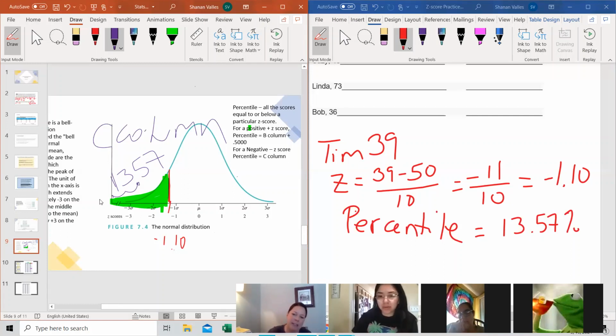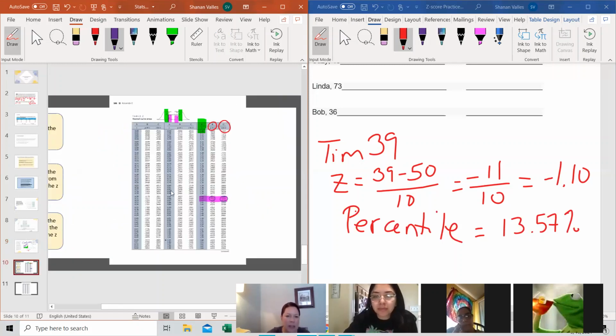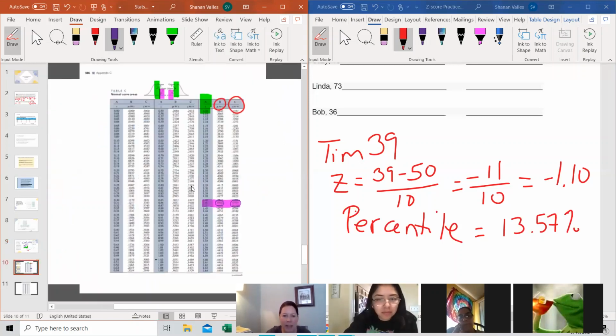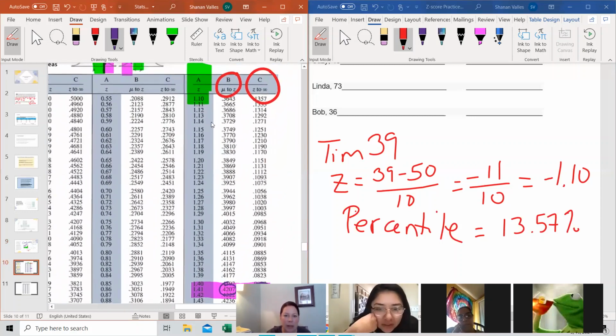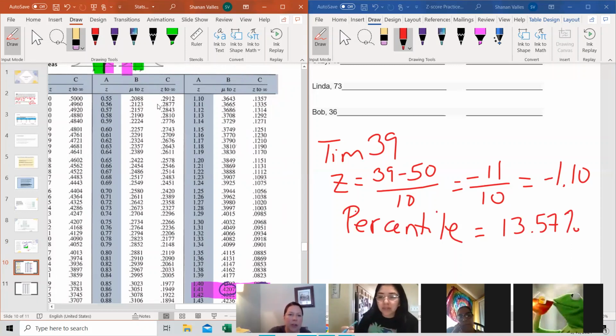It's everybody in the tail below him. So we use the C column because that's what that shows us. You see 1.10, our C column is that .1357.